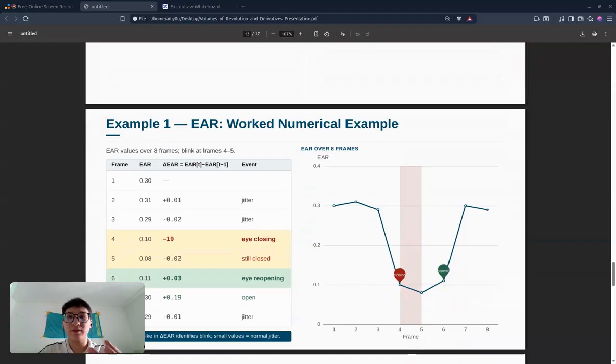So these are the frame-to-frame differences. The first value on the first frame is 0.3, on the second is 0.31, and we can track their difference. And when we have a very sharp drop, minus 0.19, it indicates that the eye is closing, and it stays low for a couple of frames.